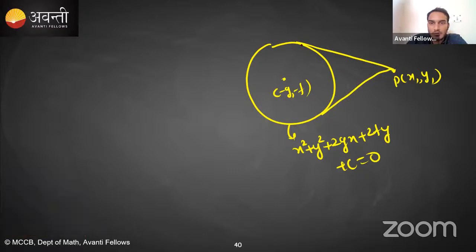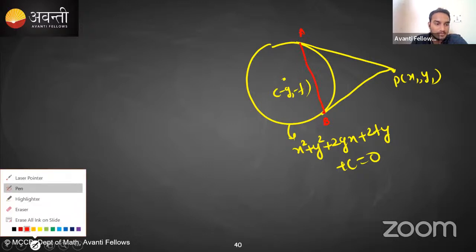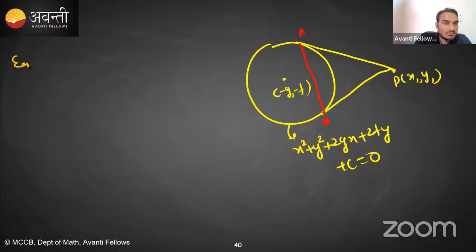From this point P we have drawn two tangents and their points of contact are A and B. So the equation of AB is T = 0. This is just the notation. You should always remember the notation. So equation of chord of contact is T = 0.